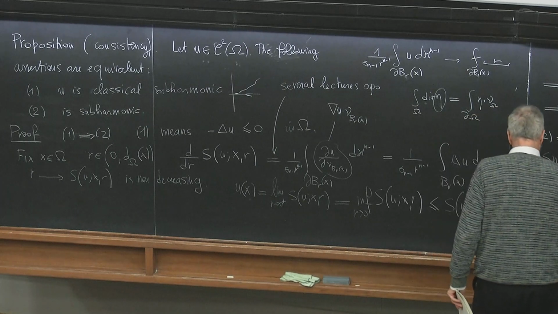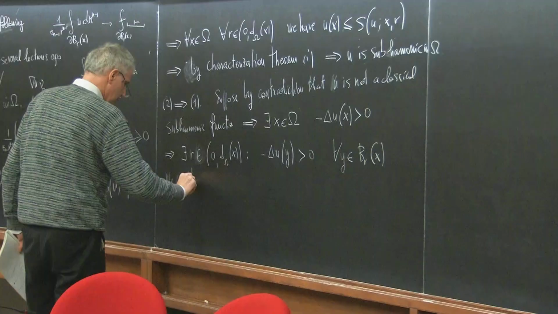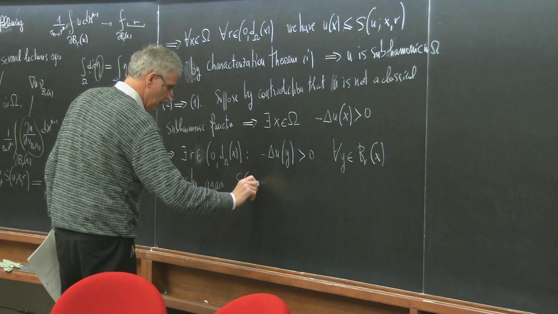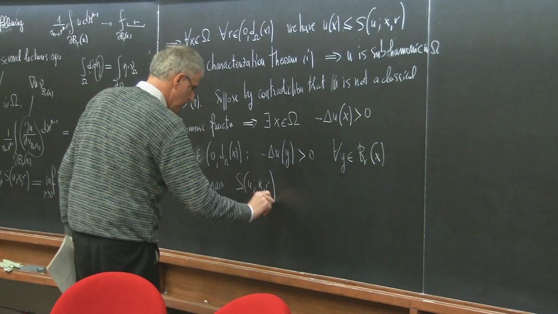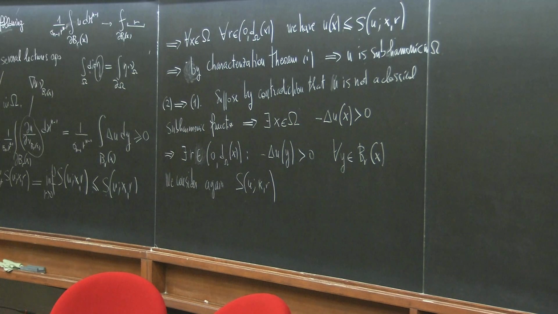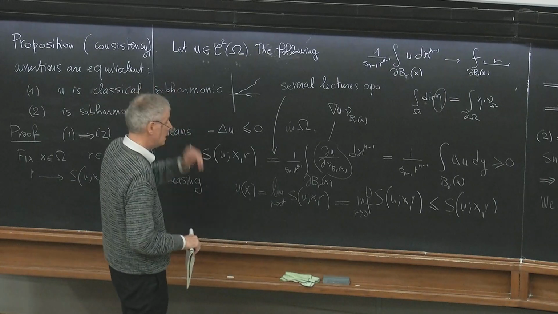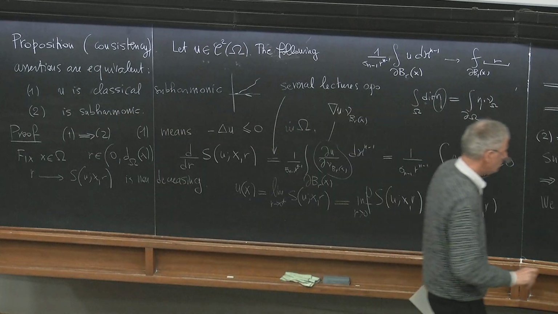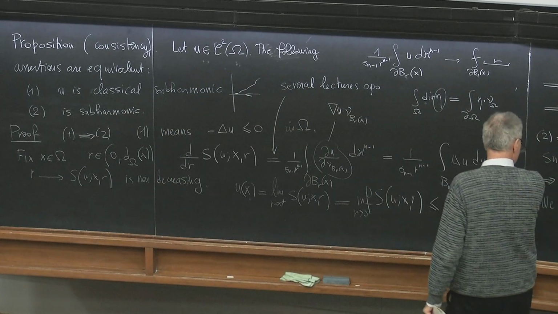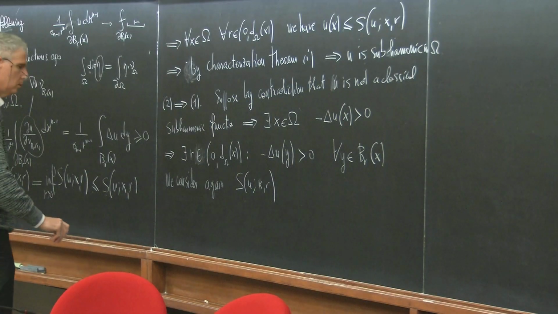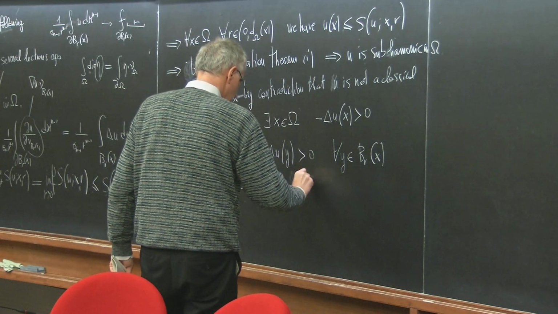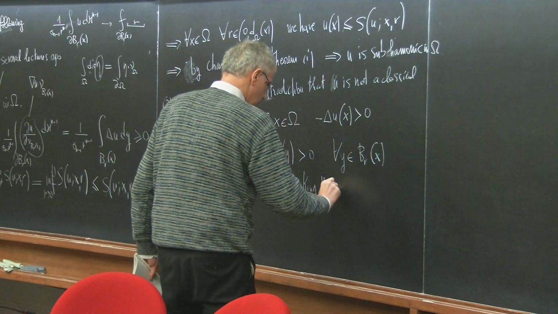So now we consider again S u x r, and we do the same computation, because we have smoothness.